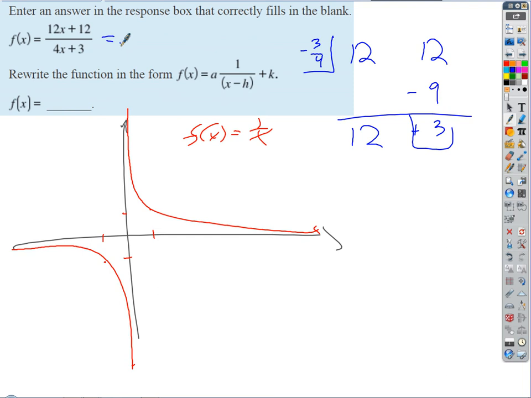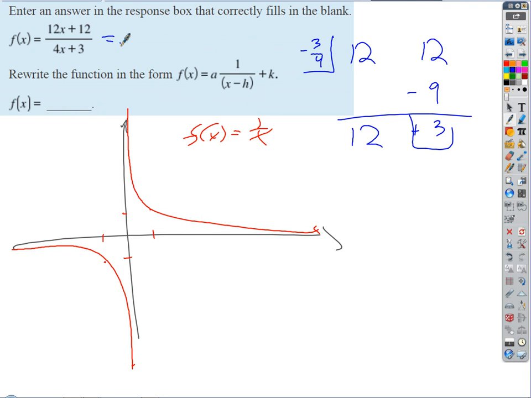x plus 3. Right. It's being stretched by a factor of 3. Okay, but what is it when I want to write this? I've divided it out. What is that quotient equal to? 1. What does the 12 represent? Right, this is the remainder, isn't it? In the box.